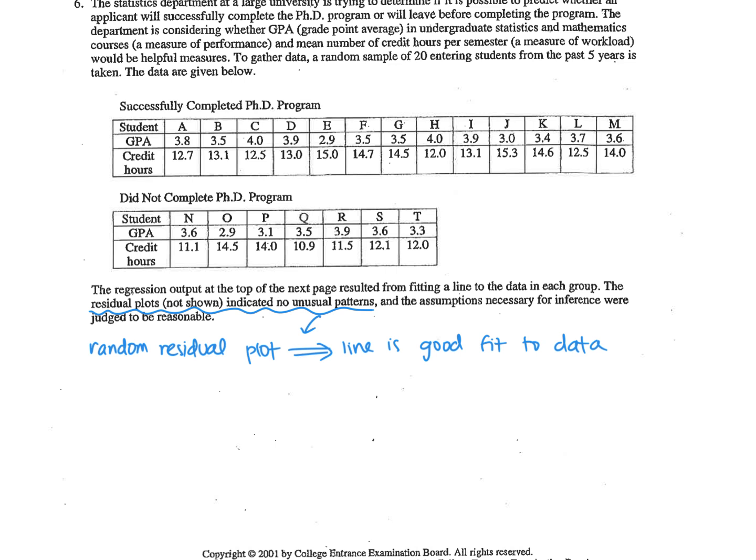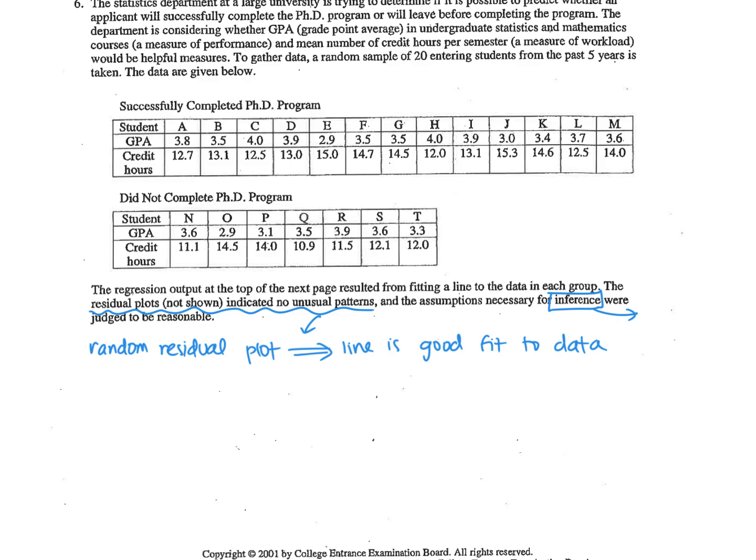And then the other thing I want to review, when it says inference, what is that referring to? Inference? Josh? Say it one more time. Conclusion. Okay, yeah, a conclusion using what?